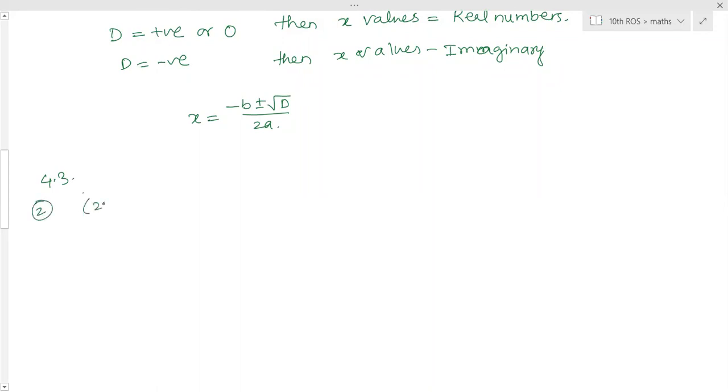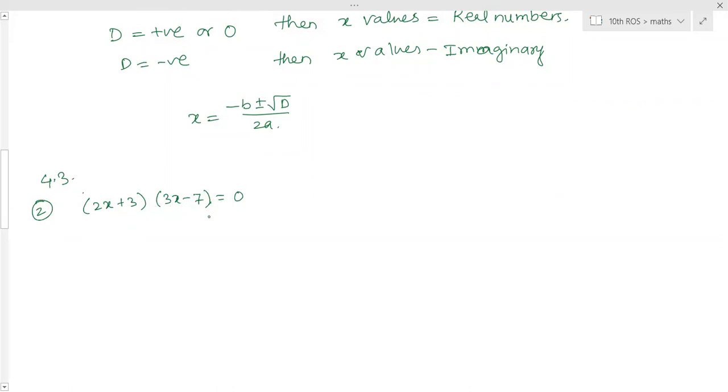Second question is 2x minus 3 plus 3 and 3x minus 7 is equal to 0. Solving the quadratic, do you remember middle term splitting? Yes, ma'am. Here we got two factors. Now how to find the value of x? Equate each bracket to 0.